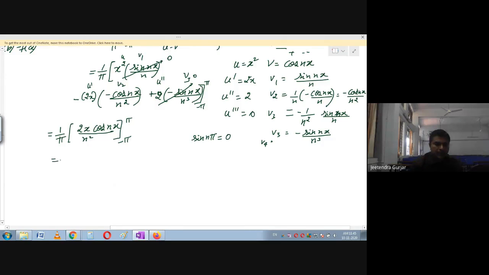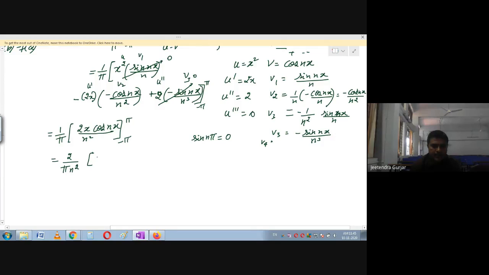Further, if you simplify this, students, you can see, yes. So what I will do here, what are constant terms? 2 and n square is constant, so I will remove it outside. 2 pi n square I will remove. Okay. So again, I am going to substitute here upper limit pi, lower limit minus pi.